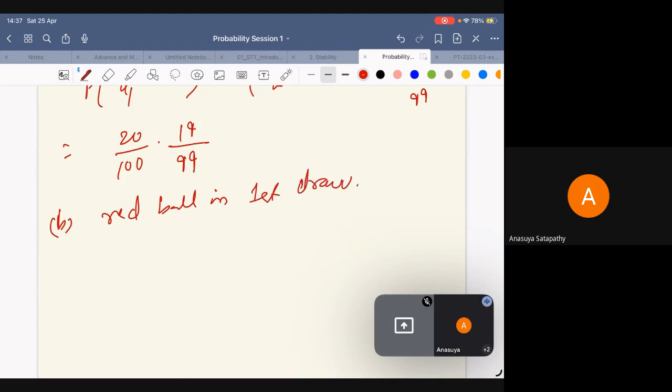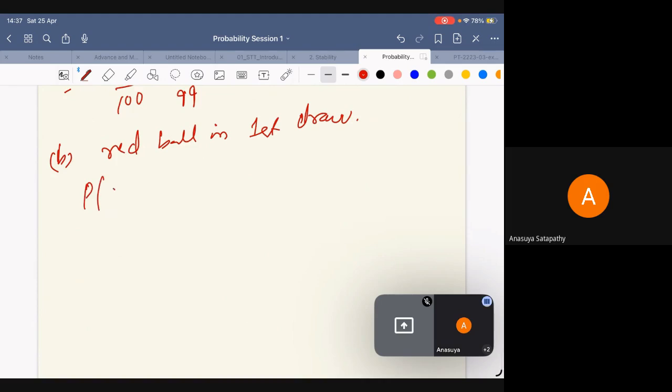So the probability of draw 1 red: first time I take a red ball, the probability is 20 by 100. Then I have to draw the ball a second time, 19 by 99. Right?